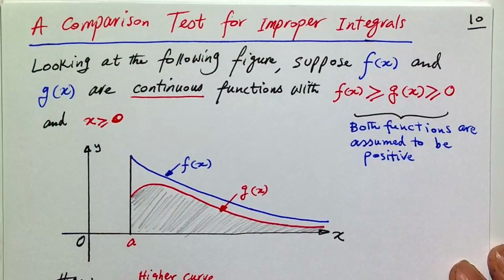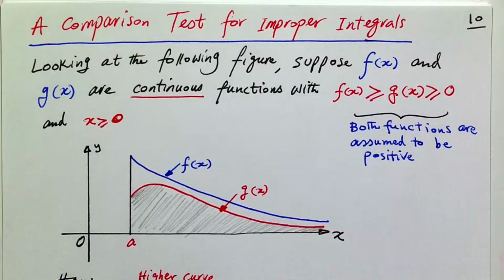That's a test that tells us whether an integral is divergent or convergent. But this method, this comparison test, relies on us finding another easier function to integrate that is either above or below the integral that we are asked to evaluate for convergence or divergence.